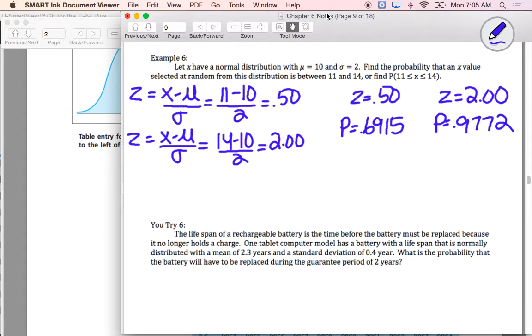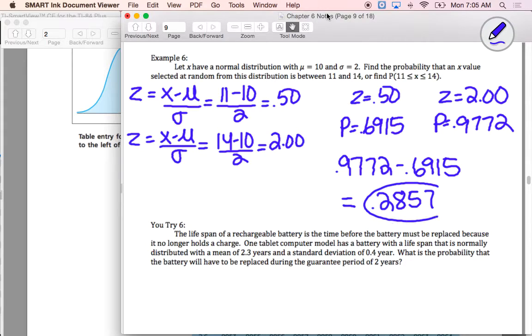So your probabilities or your areas are your two numbers out of the 4 decimal places from your table. Now we've got 2 of them, so we've got to subtract. So 0.2857.